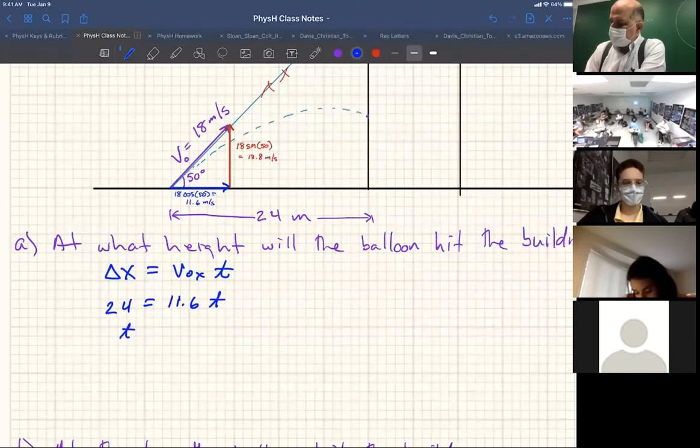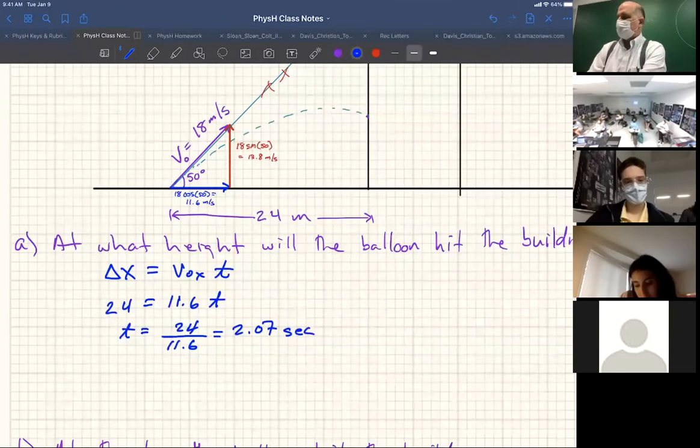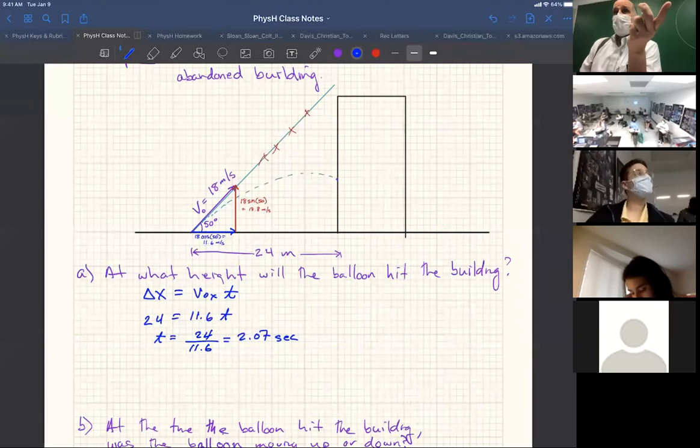So t is equal to 24 divided by 11.6, which is like 2.07. Is that right? Okay, so it takes 2.07 seconds to reach the building.